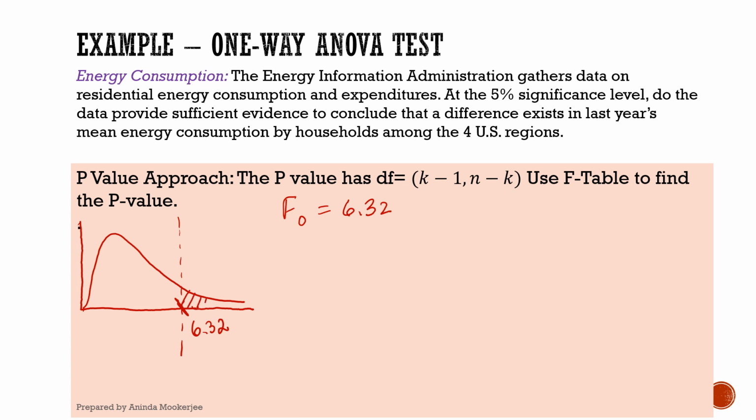So the area on the right, because it's a right tail test, will be the area to the right of wherever the test statistic value is located. That's going to be our p-value. If we use our calculator to find the p-value for the F statistic, we have to specify both the numerator and the denominator DF values.